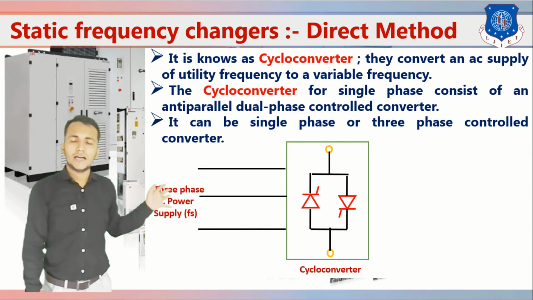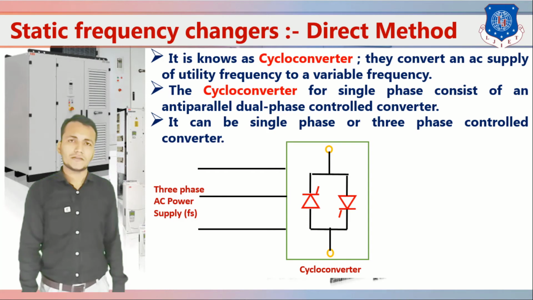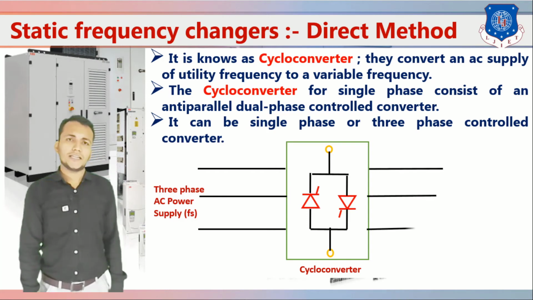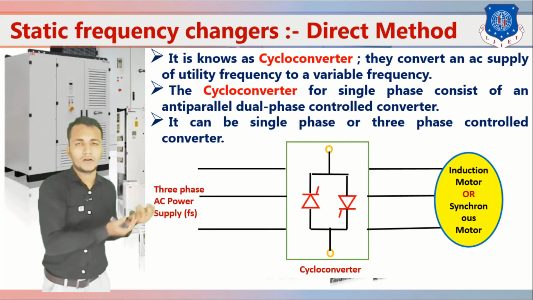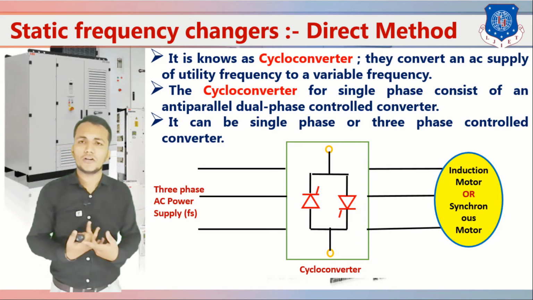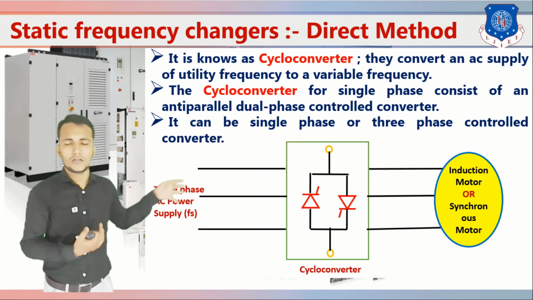The output is connected to the induction motor or a synchronous motor, okay. It is another type of AC motor, so we can say there are two AC motors, okay.